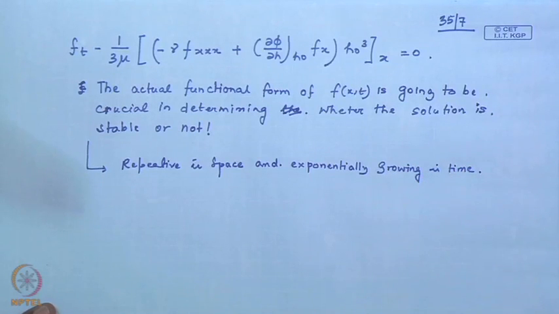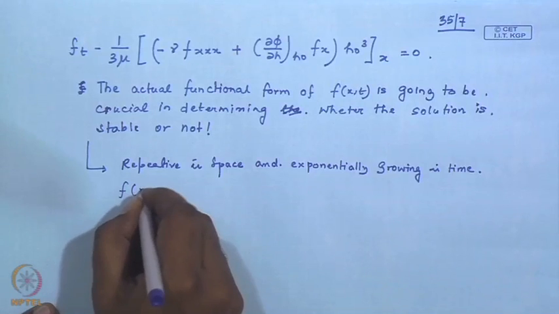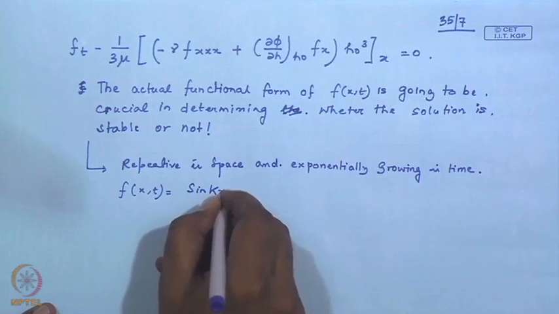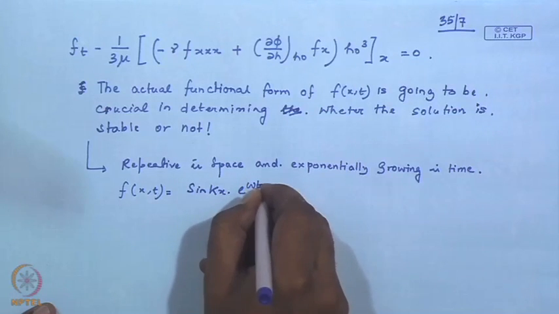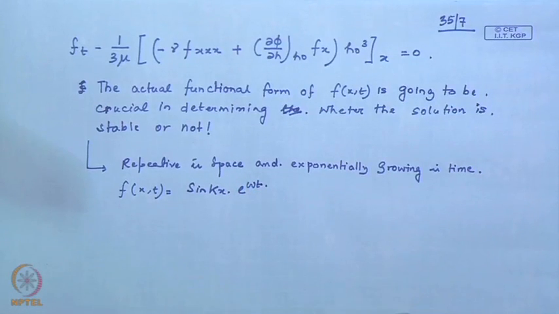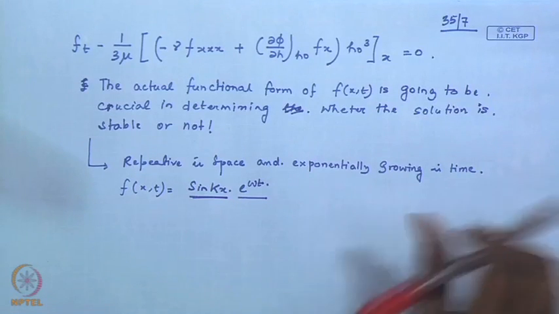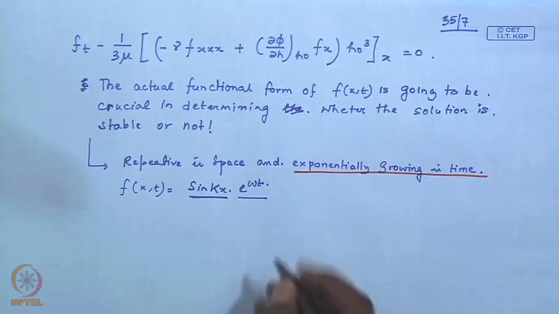This is the type of perturbation function we pick up. Let us say the functional form we take is f(x, t) = sin(kx) e^(ωt). Essentially, sin kx is repetitive in space, and k corresponds to different wave numbers. e^(ωt) takes care of the exponentially growing part with time of the perturbation function.